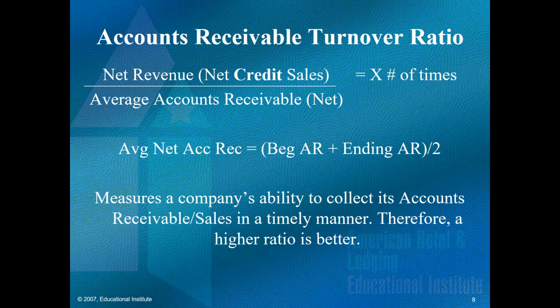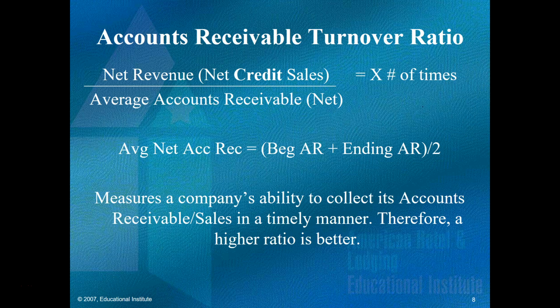Now, one thing to keep in mind, if you're a cash business, this is not really a ratio that you can assess, simply because 100% of your sales are collectible, and you would always have accounts receivable of 0. So only a company who sells on credit is going to be able to assess accounts receivable turnover ratio.